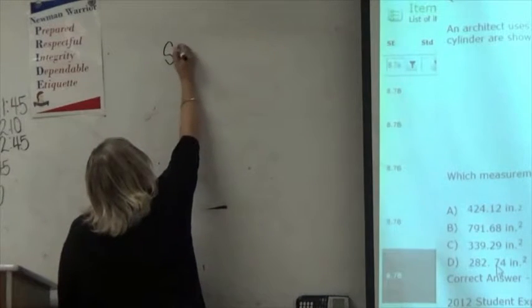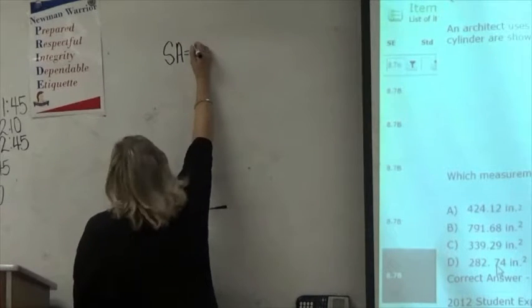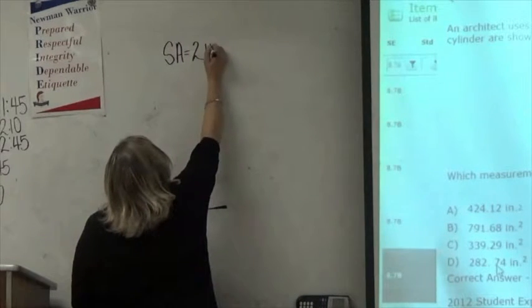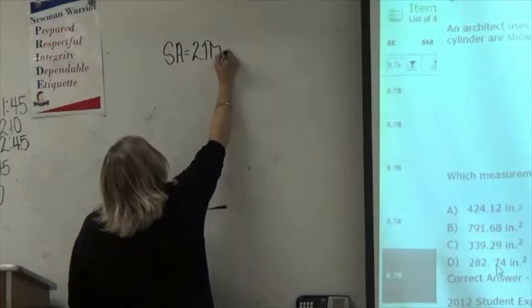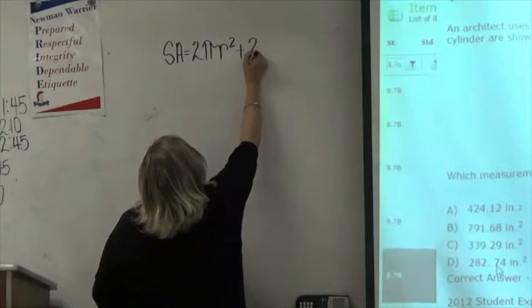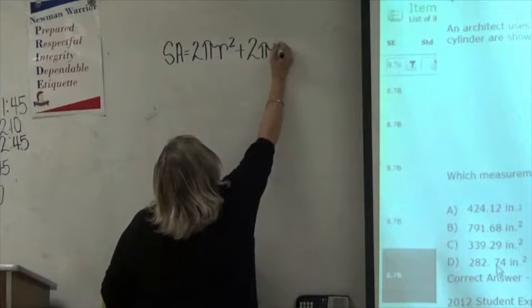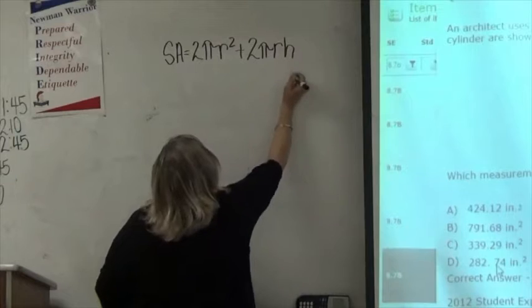The formula is 2 times pi times radius squared plus 2 times pi times radius times height.